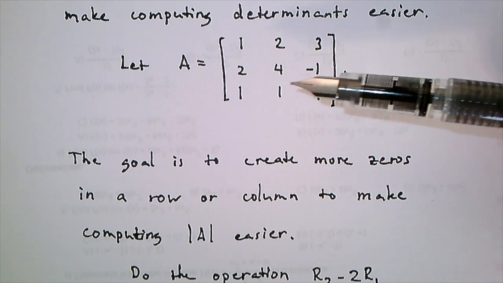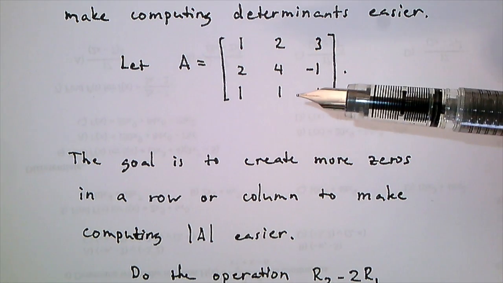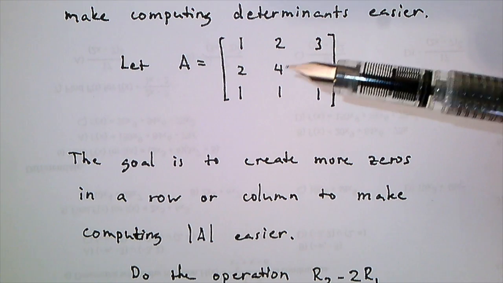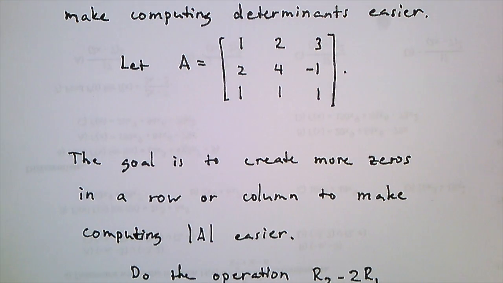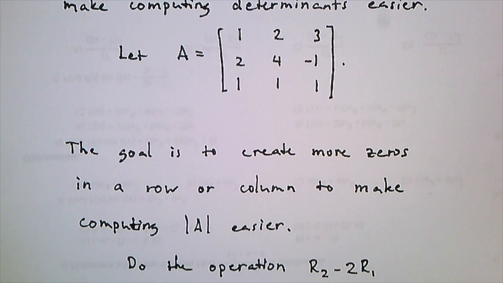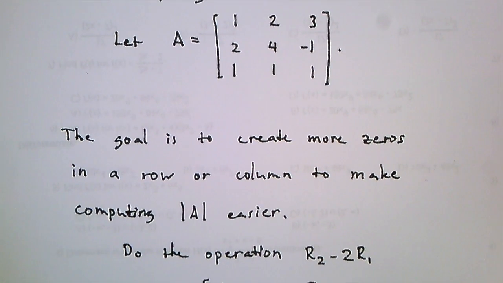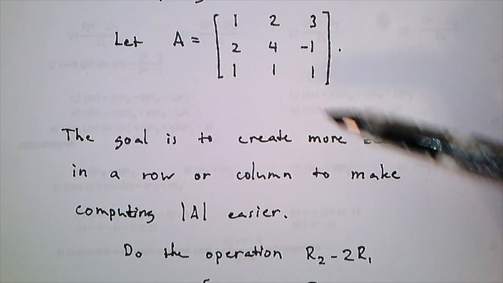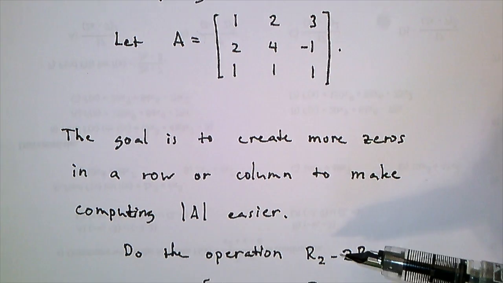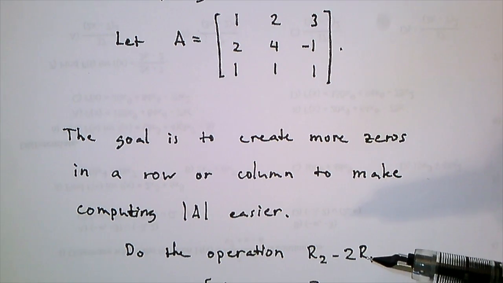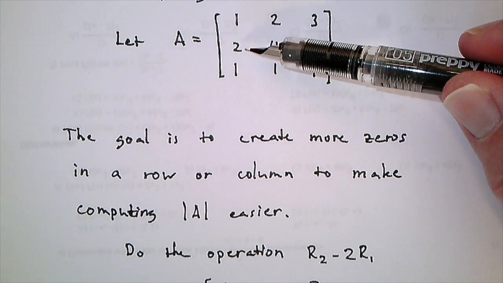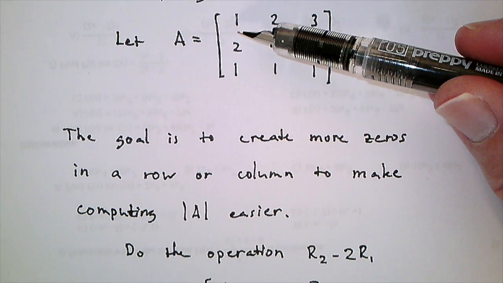And we also know that if we have lots of zeros in a row or column, computing the determinant becomes easier. So to make more zeros in this matrix A, I'm going to take row 2 and subtract 2 times row 1. So the goal here is to create a 0 in this position.